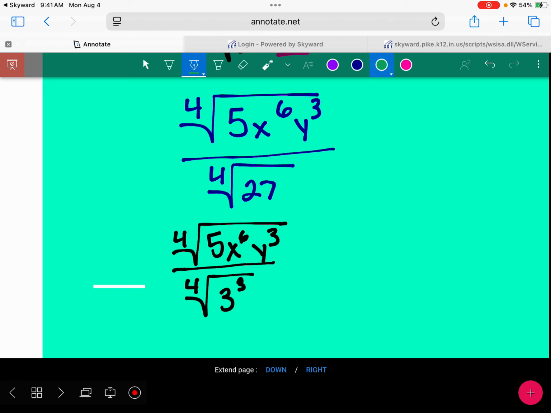What do I need to multiply it by to be able to rationalize this and get something that is fourth rootable? Three to the first. I already have 3 3s. I only need one more. So if we multiply it by the fourth root of 3, that's going to give me just a 3 on the bottom.